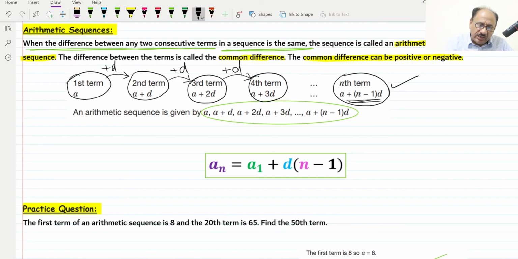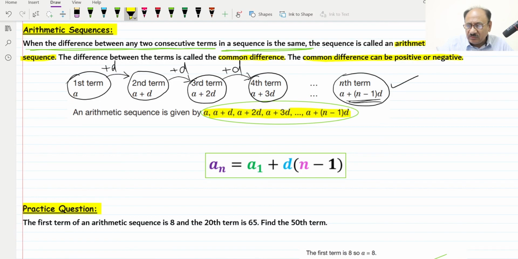Now if we combine all these terms, we can write an arithmetic sequence in this way, putting commas between the terms.